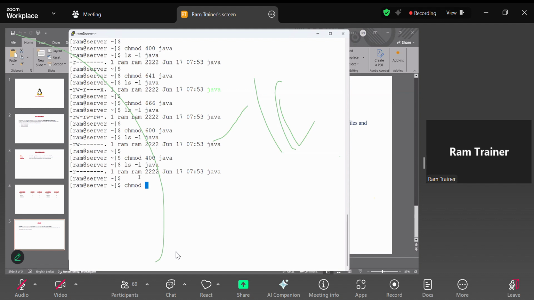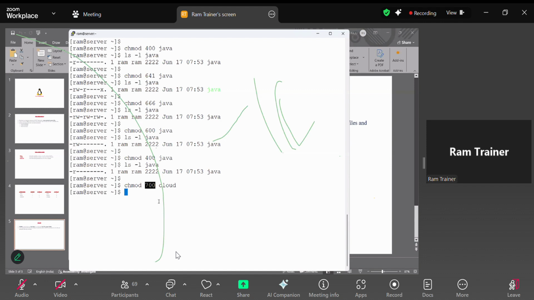And another important thing: what about directories? For example, I want to set directory permissions. chmod 700 on my directory cloud. Then what is the meaning? Cloud is actually a directory. So what is 700?